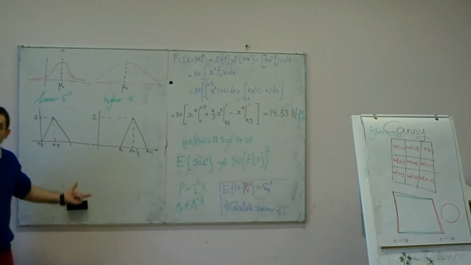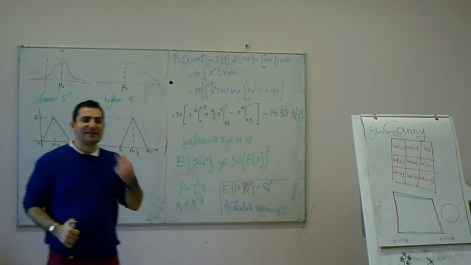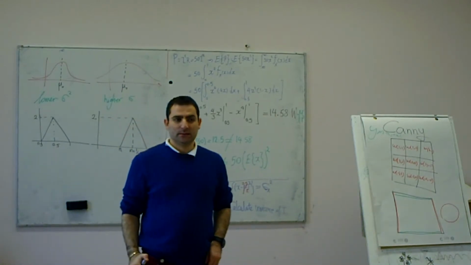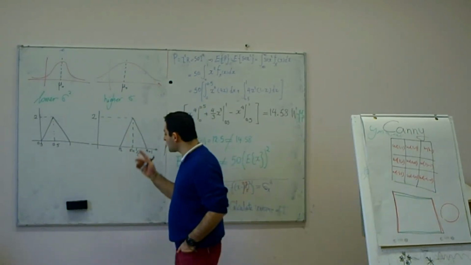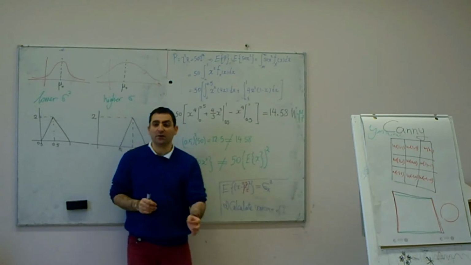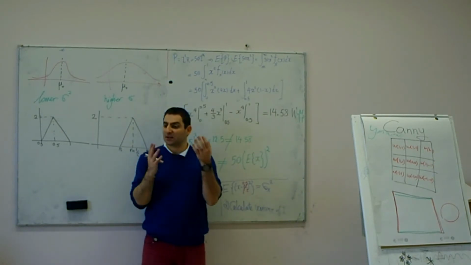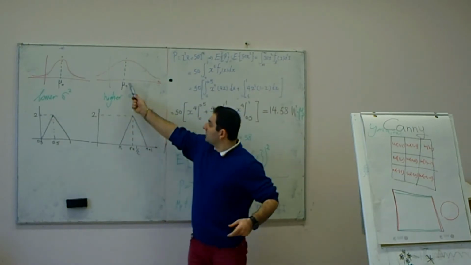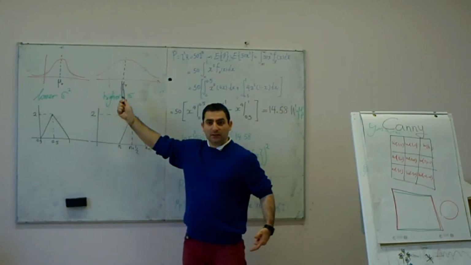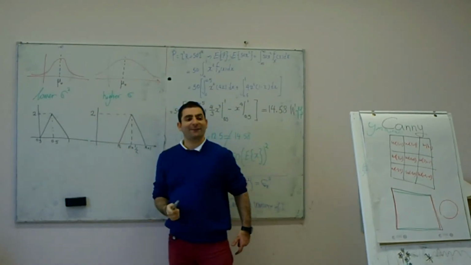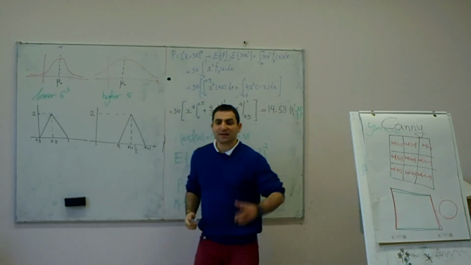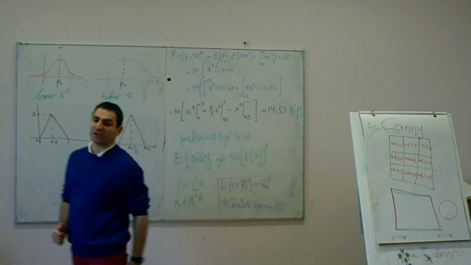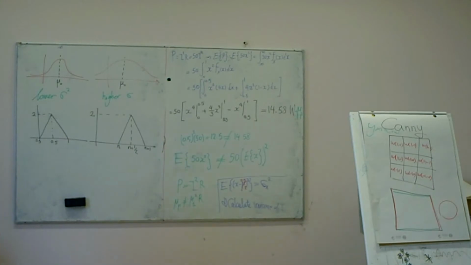These two distributions have the same variance, because variance does not depend on where you have your function. It depends on the shape of your function. What about the mean? These two have the same mean. These two do not have the same mean. In other words, mean depends on the location of your function, whereas the variance only depends on the shape of the function that we have in our hand.